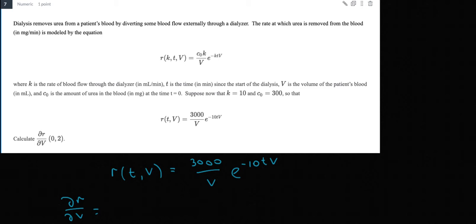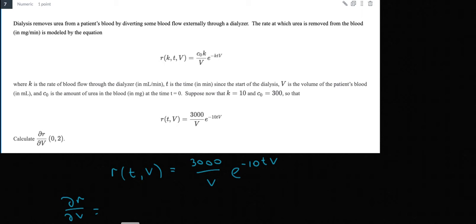Looking at our function R of t, V, the rate at which the urea is removed from the blood as a function of time t and the volume V, when we take the partial derivative with respect to V, the value of the variable t is kept fixed.